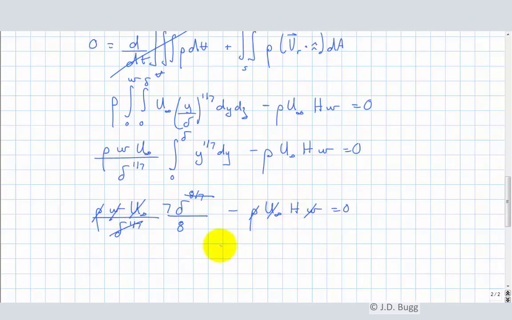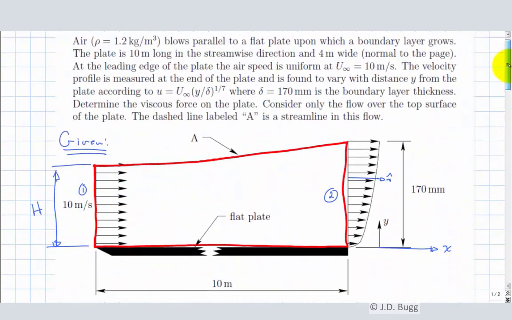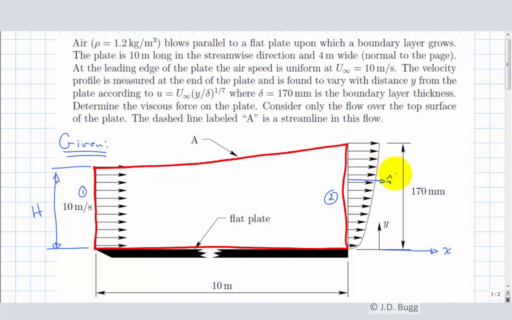So we just get that h is equal to 7 delta over 8. So h is 7/8 of delta. If we go back to our diagram, we can see that h has to be smaller than delta. This distance is delta. The velocity is higher here, so the area has got to be smaller, and it turns out that it is 7/8 of this. That's what we've just found.